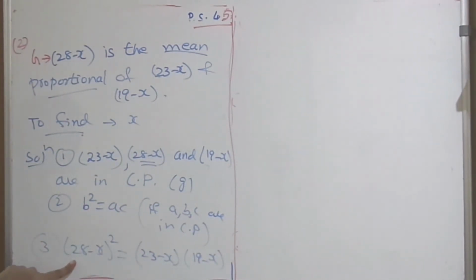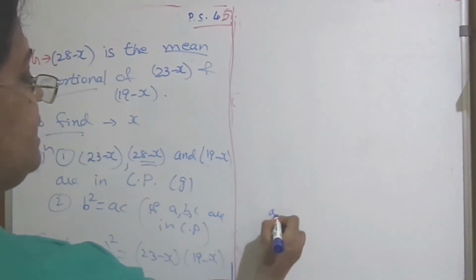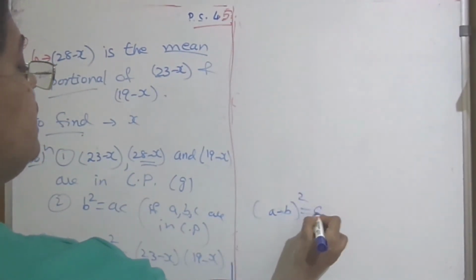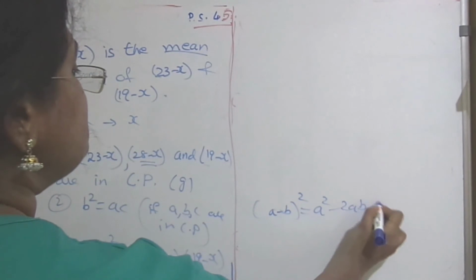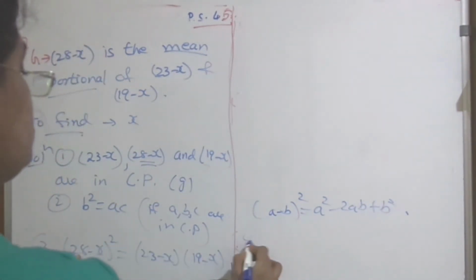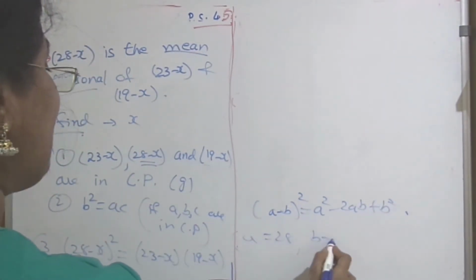Now use the formula (A minus B) the whole square. I am writing the formula here: A square minus 2AB plus B square. So your A is 28 and B is x.